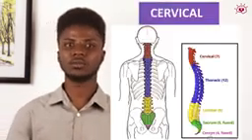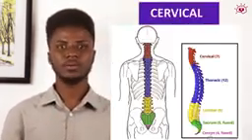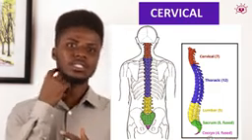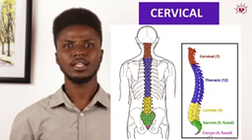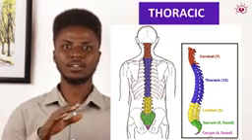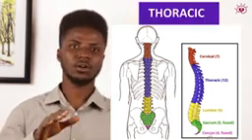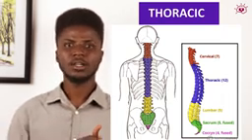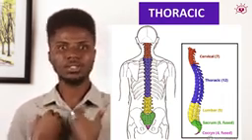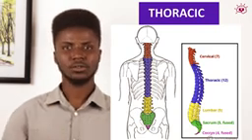Now, this vertebral column is divided into regions. The first region is known as the cervical column or cervical vertebra, and that is the region within the neck. Then we have the thoracic vertebra or the thoracic column. That is the one within the chest region that protects the lungs, the heart, and so on.